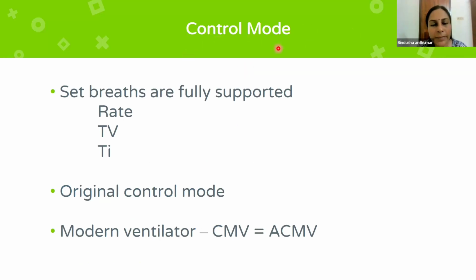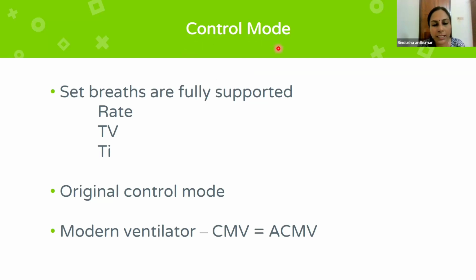Okay, here whenever you are putting the patient in the control mode, all the set breaths are fully supported. That means if you are setting a respiratory rate of 30 per minute, all the 30 breaths will have the set tidal volume, or if you are setting the pressure control ventilation, will have a set PIP, so that the patient will get adequate tidal volume, and the same inspiratory time will be provided for all.